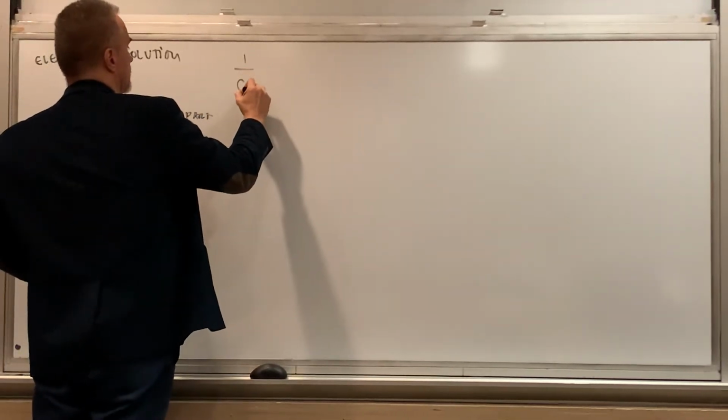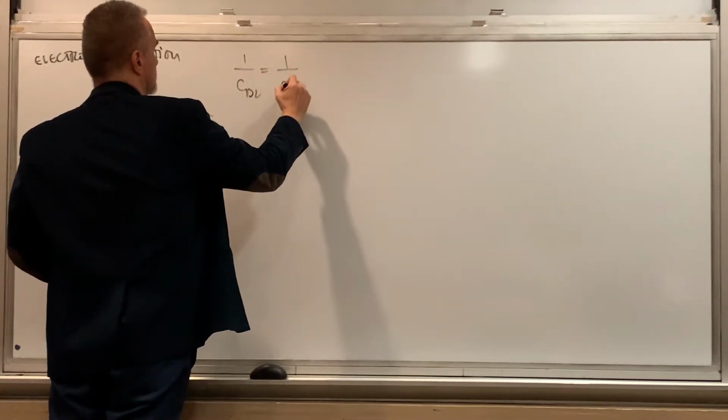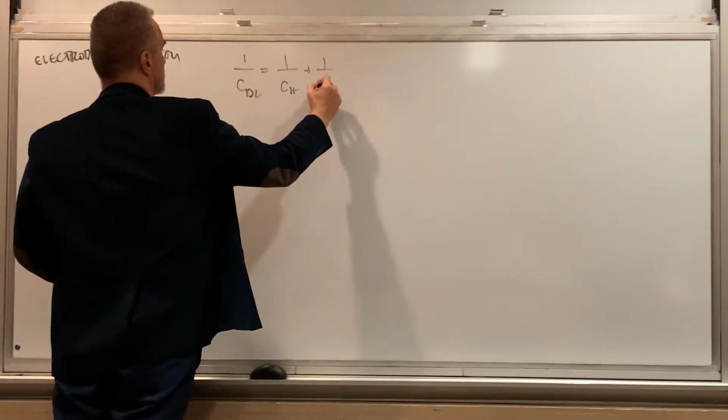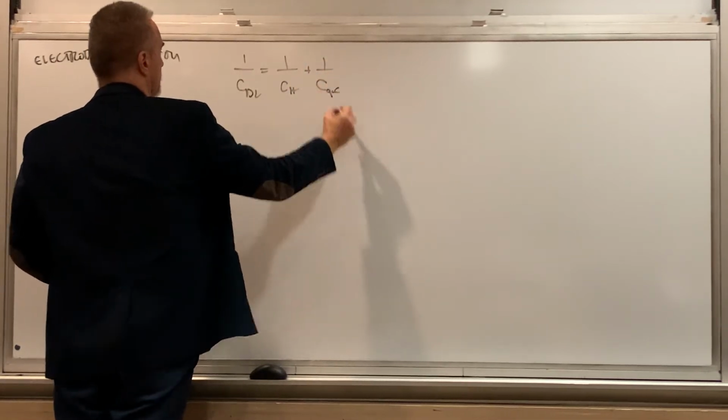Then 1 over the C double layer is equal to 1 over the C Helmholtz plus 1 over the C Gouy-Chapman. Okay?